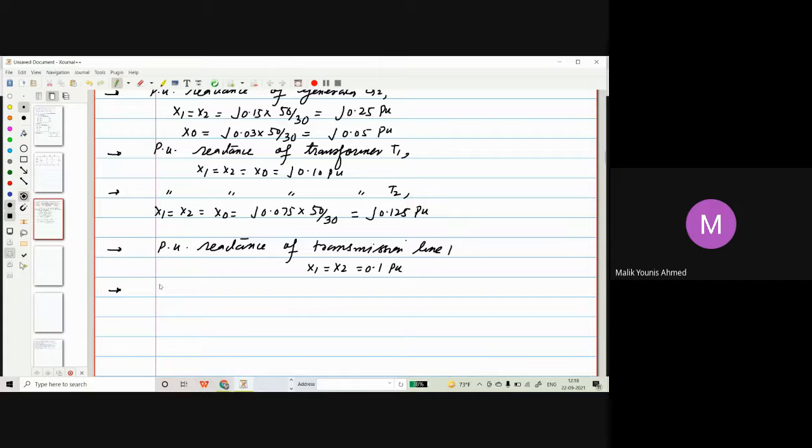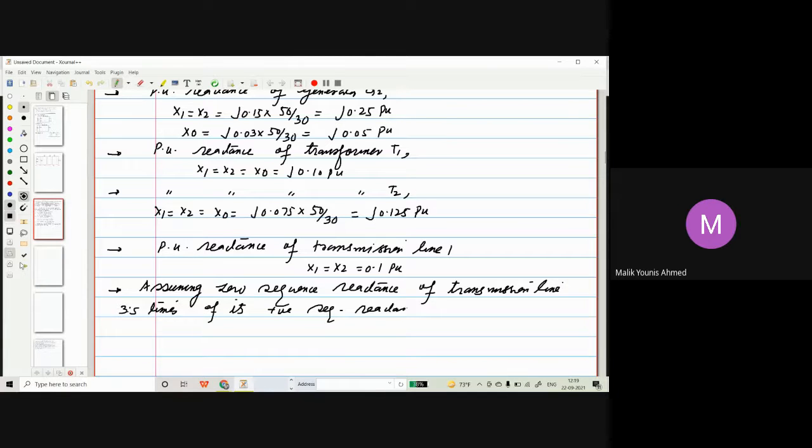But for the zero sequence, we have to assume the zero sequence reactance of the transmission line is 3.5 times its positive sequence reactance.